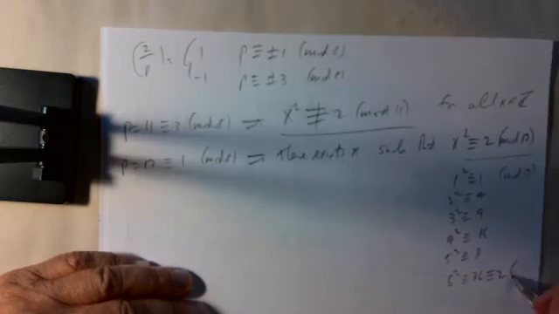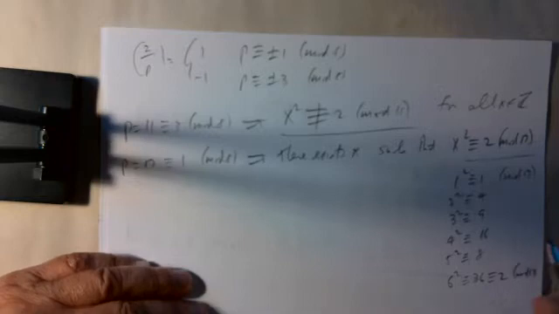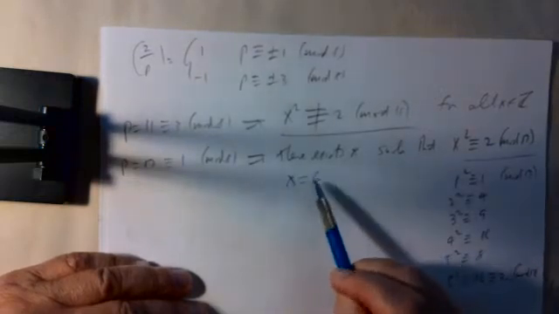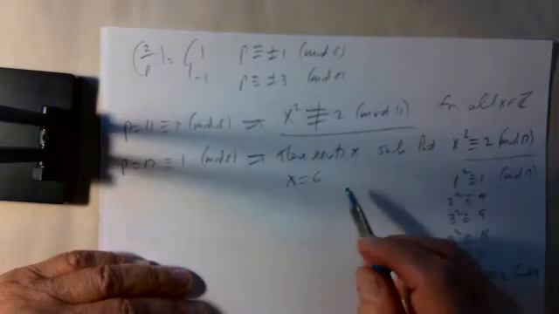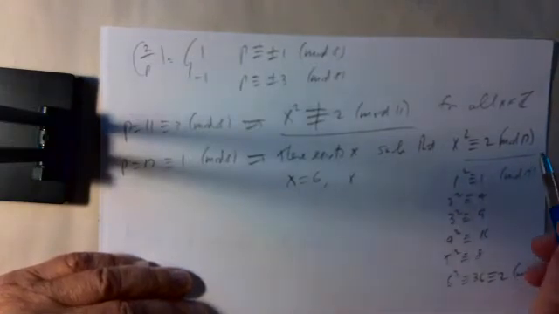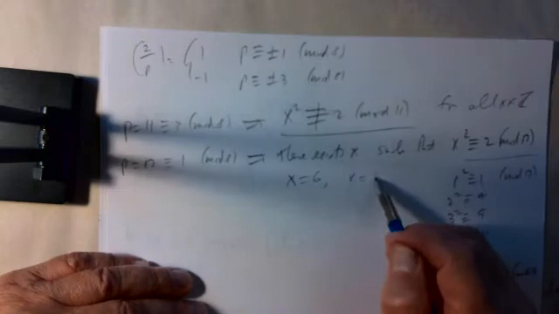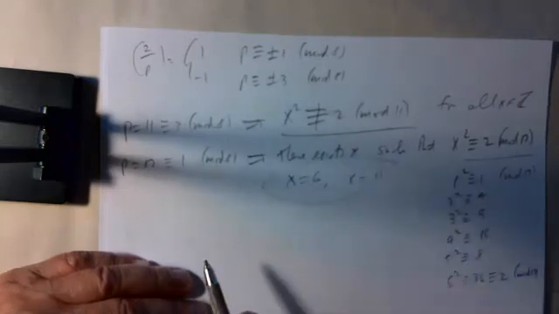So this is congruent to 2 mod 17. So I can take x equal to 6, and I could also take x equal to minus 6, which mod 17 is the same as 11. Right?